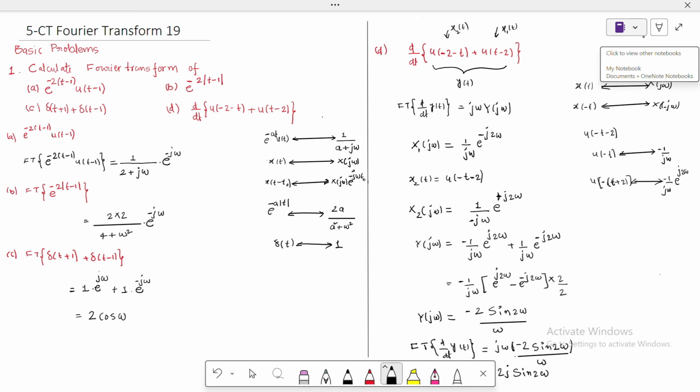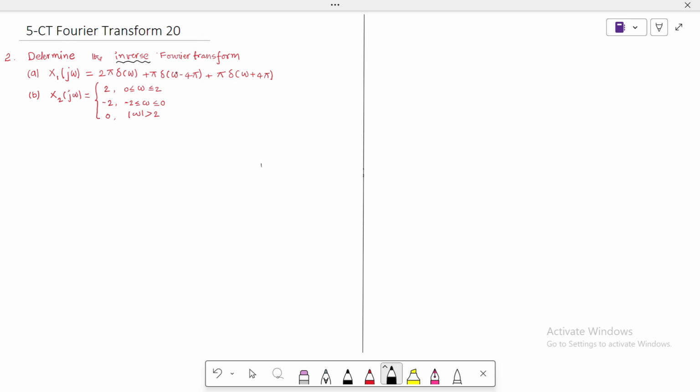Okay, next problem. Here determine the inverse Fourier transform, not the Fourier transform. The signal is in the frequency domain, so we have to find the inverse Fourier transform.